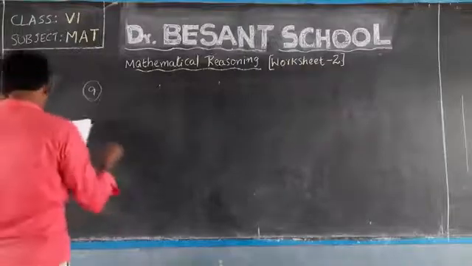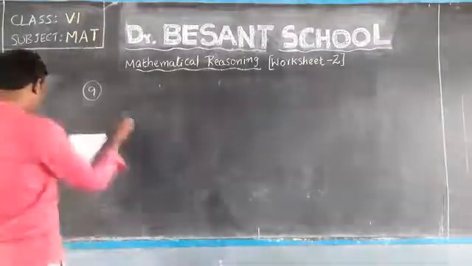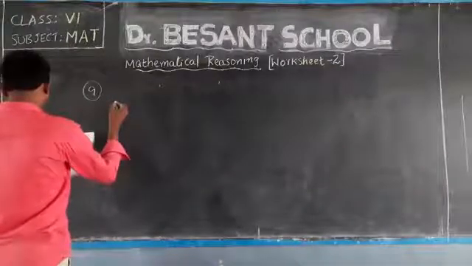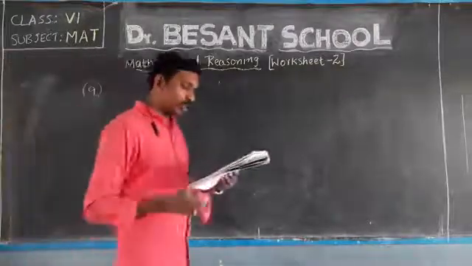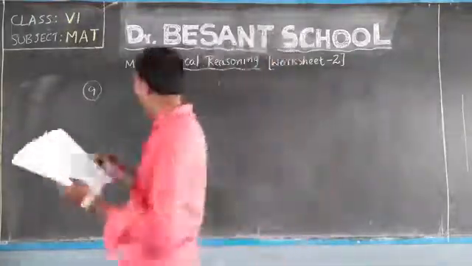What is given here? Again, he has been changing the symbols. Now question number 9 is asking: if plus means minus and minus means into and into means divided by and divided by means plus, what is the value of?